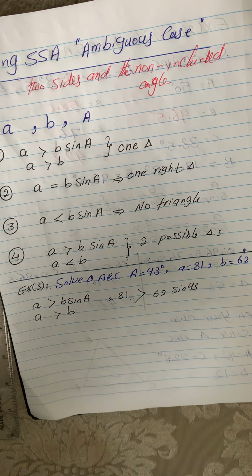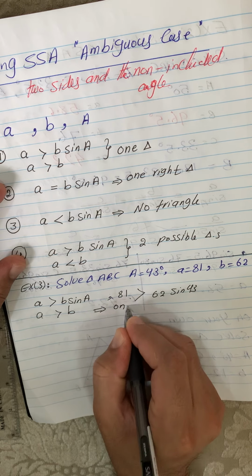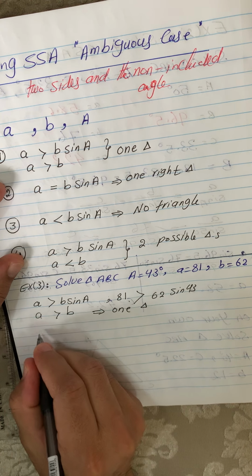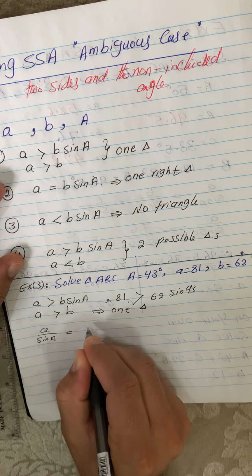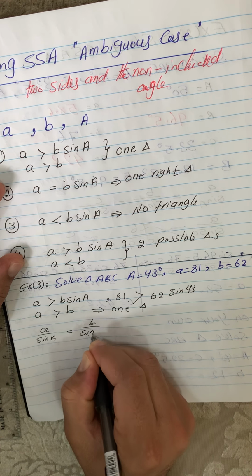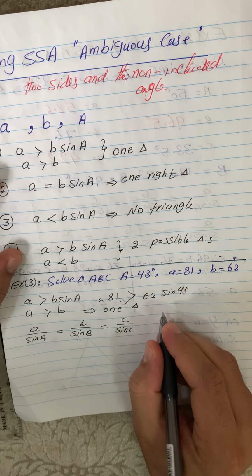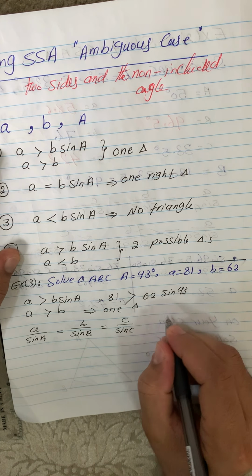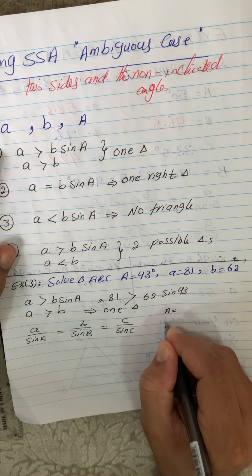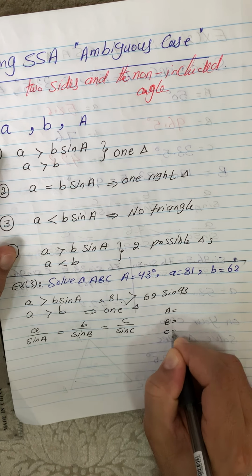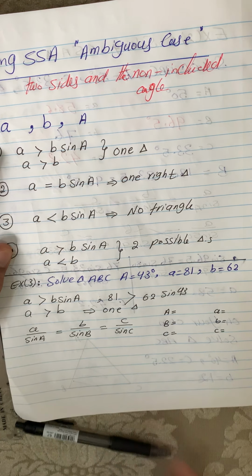Now we can start solving by applying the sine law. So we have here one triangle, one solution. a small over sine A equals b small over sine B equals c small over sine C. Let's not forget to write here A capital, B capital, C capital, a small, b small, c small.